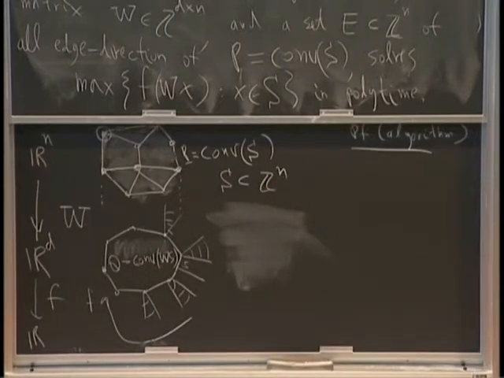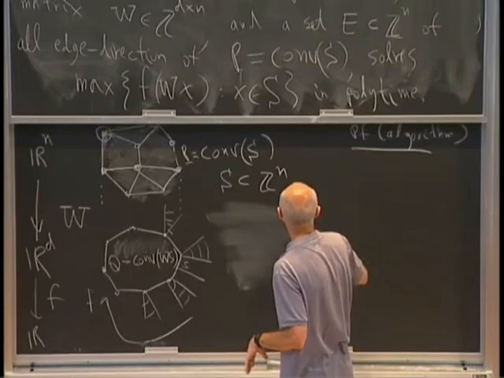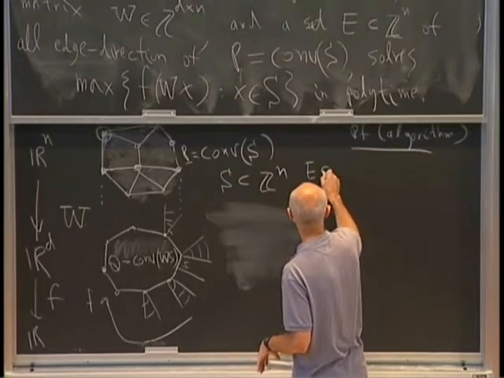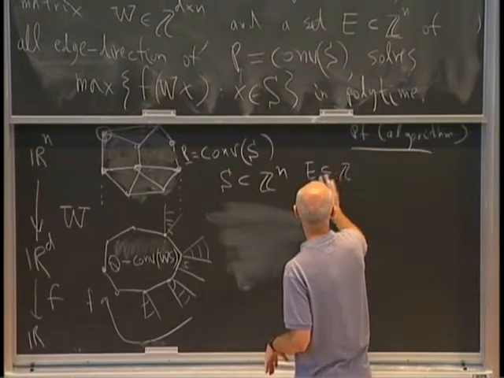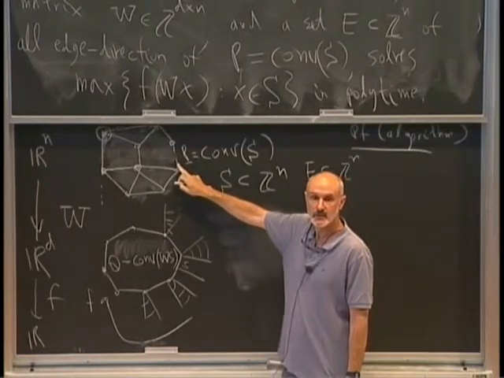Okay, so what should we do here? So the idea is the following. Look, we have the set S, we have the convex hull, and now we have the set E of edge directions. This is also given. Edge directions of this guy, right?